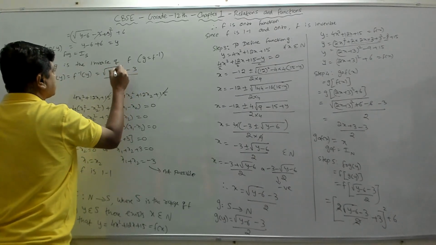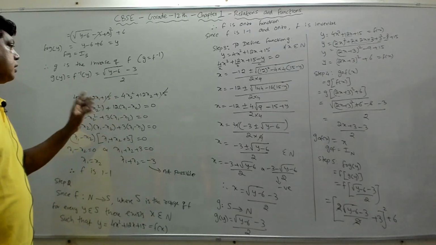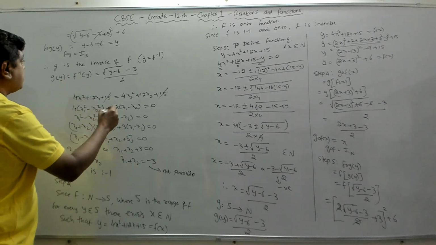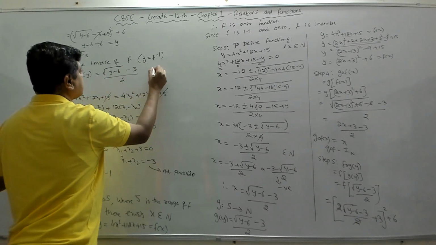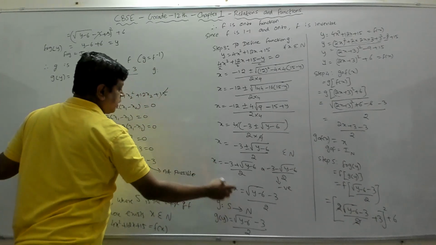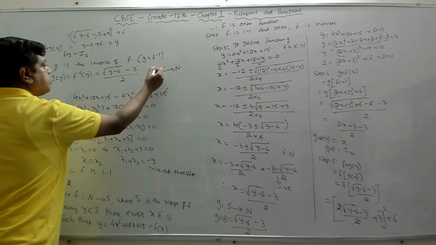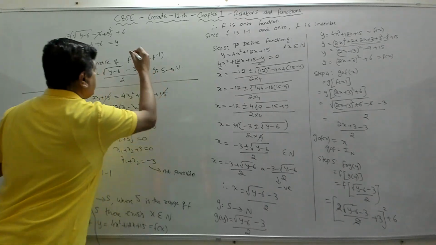So this is the inverse of the given function f, which is from N to S. And g is the inverse of f defined by this, and g is a function from S to N.